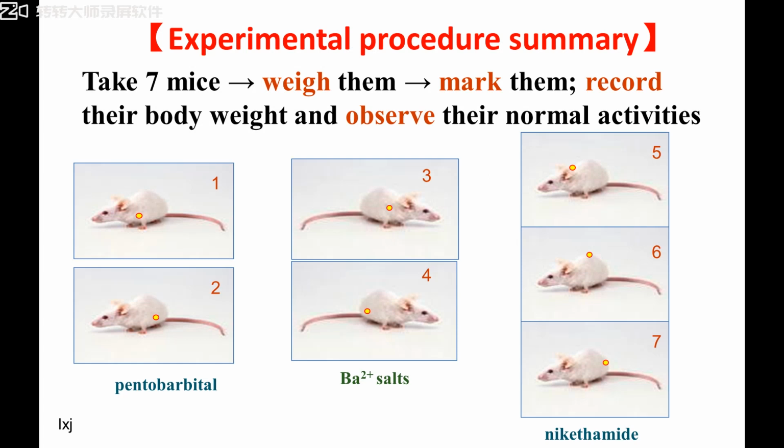Observe their normal activities. There are 2 mice for administering pentobarbital in different dosage forms, 2 mice for the barium salts experiment, and 3 for different routes of administration of nicotinamide.